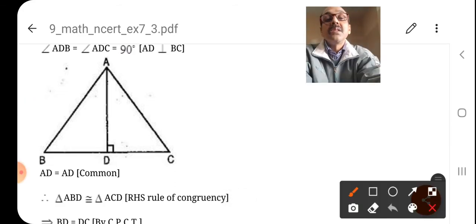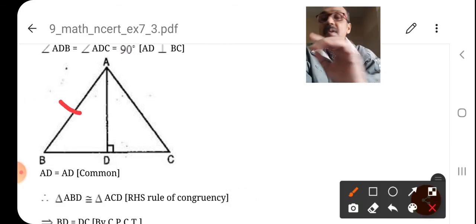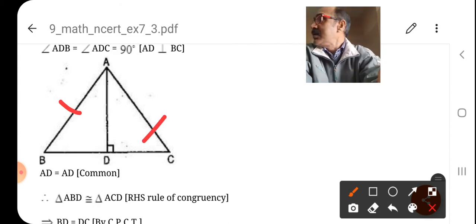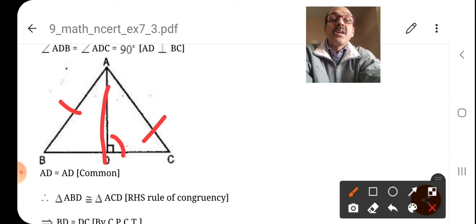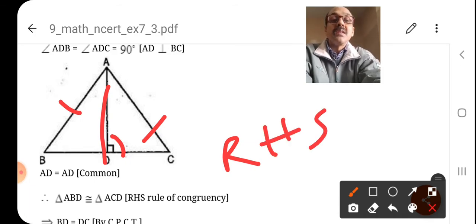So these are the three conditions: AB equals AC, the angles are 90 degrees, and AD is common. So by RHS congruency, triangle ABD is congruent to triangle ACD.